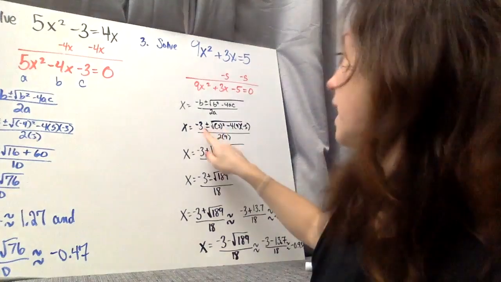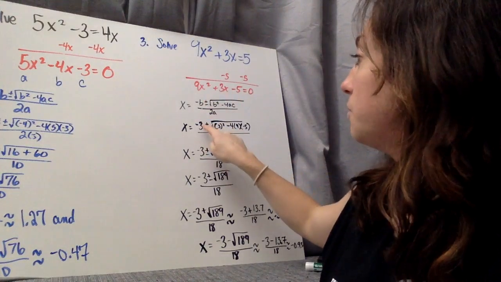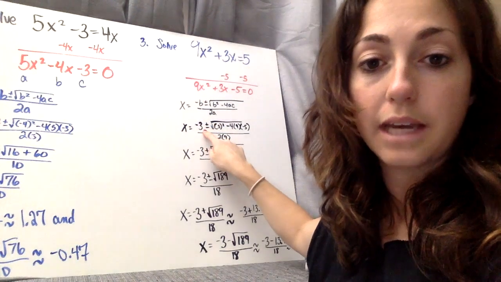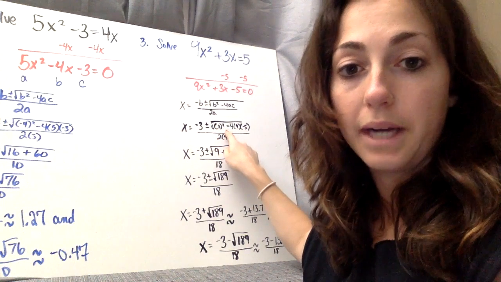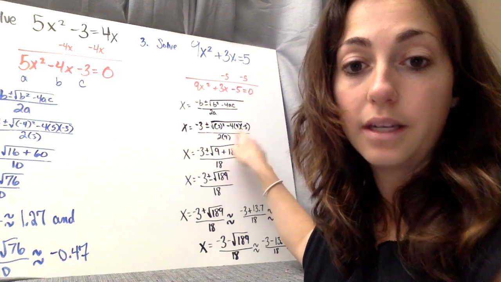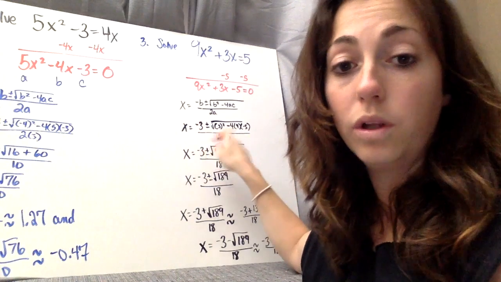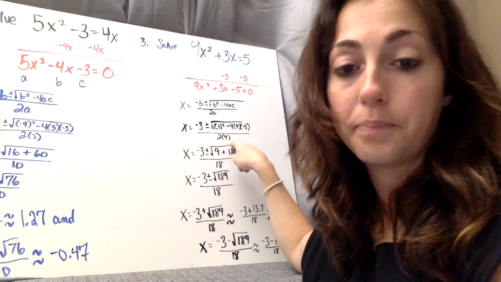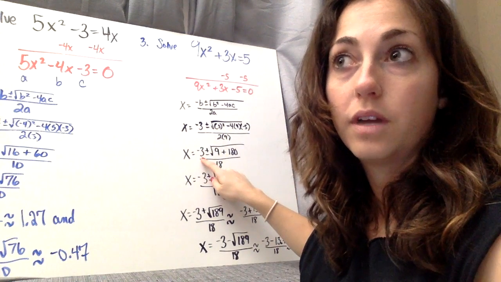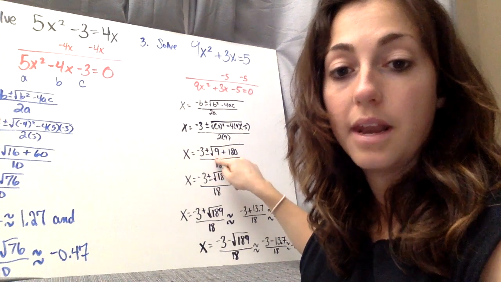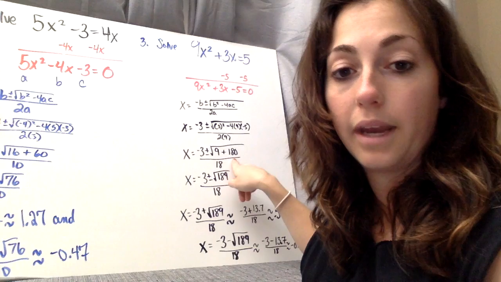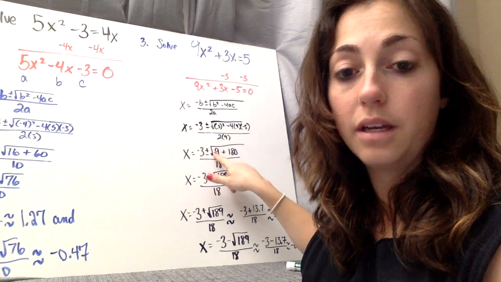So now I have positive 3, so the opposite of positive 3 is negative 3, plus or minus square root of 3 squared minus 4 times 9 times negative 5, all over 2 times 9. Then I have negative 3 plus or minus the square root of 9 plus 180. 3 squared is 9.